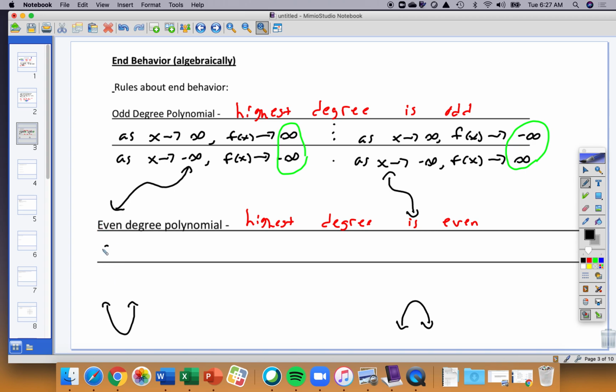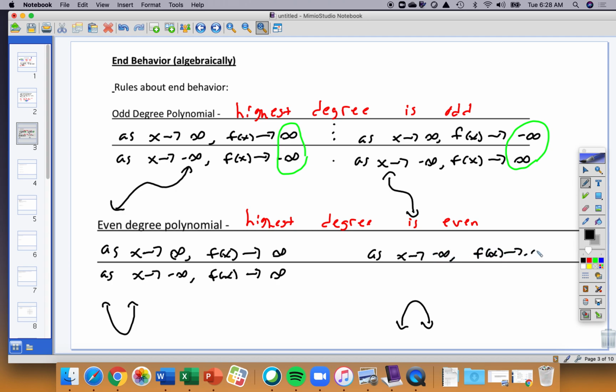So this is: as x approaches infinity, f of x approaches infinity, or as x approaches negative infinity, f of x still approaches infinity. That's because my end behavior goes in the same direction. And over here, as x approaches negative infinity, f of x approaches negative infinity, because I'm going down.